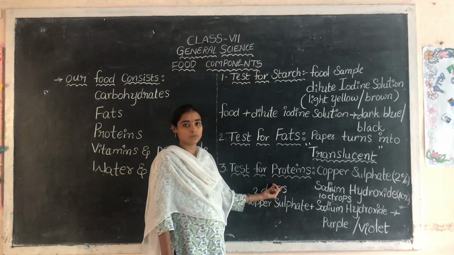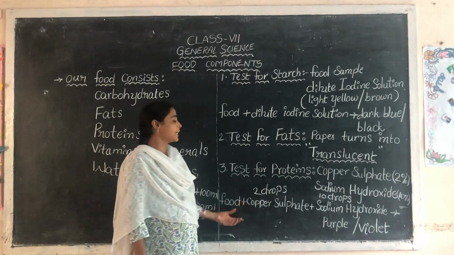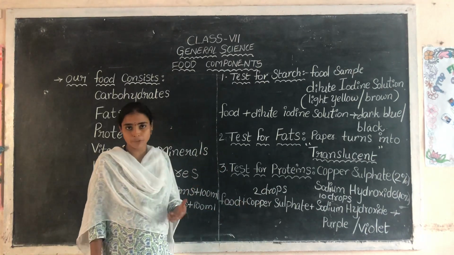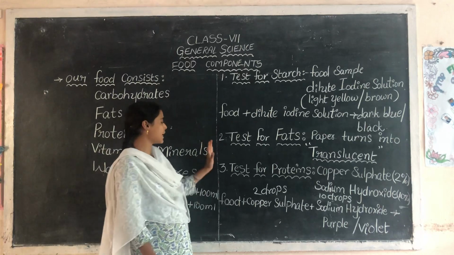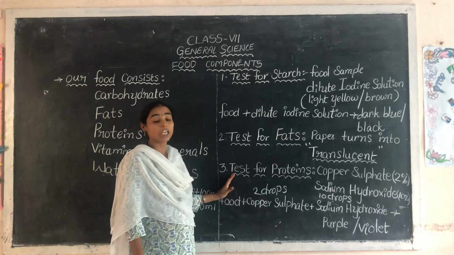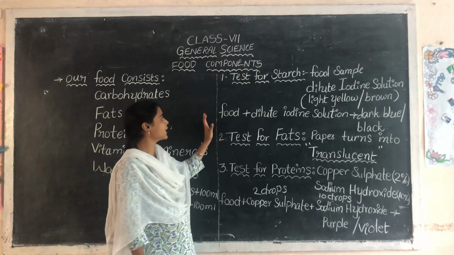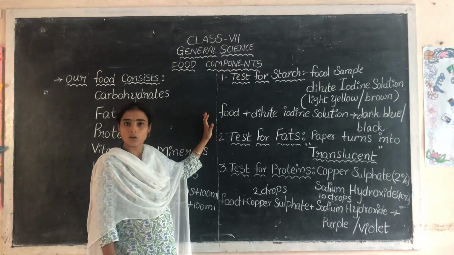If you want to do these activities, take some different types of food materials and do these activities at your home. If anybody wants to do these activities very interestingly, okay.